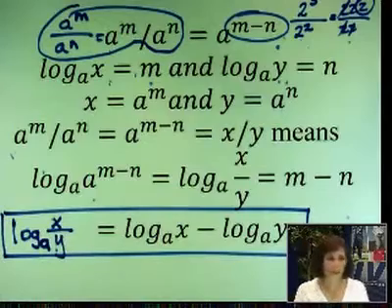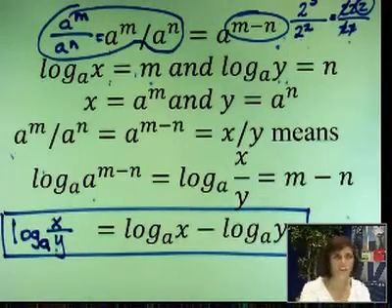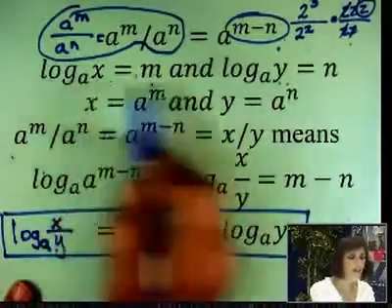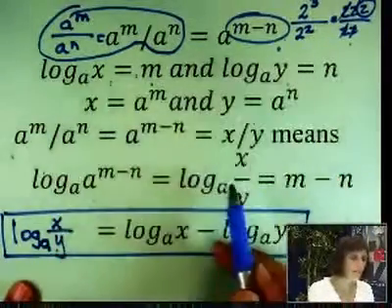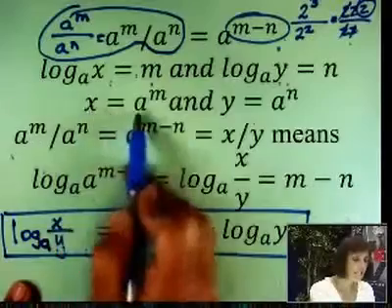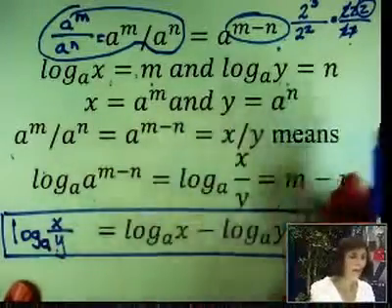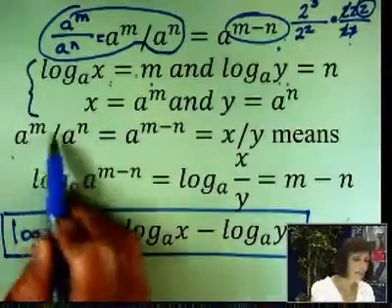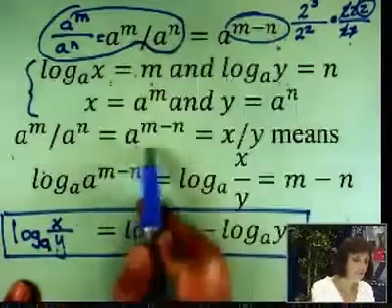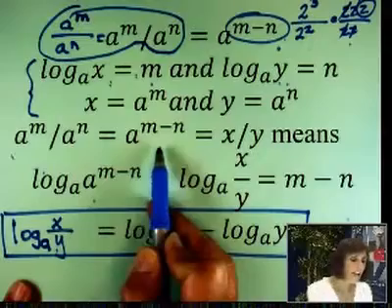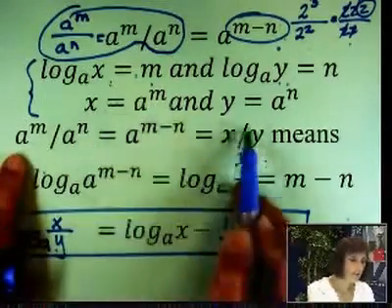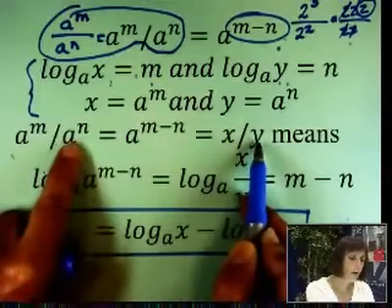So how can I derive this? Doing the little substitution before. Let's set m as log base a of x, n as log base a of y. What does that mean? X equals a to the m, y equals a to the n. All right, these two go together. So let's try to write this, a to the m over a to the n. So I know this is the case, and that is supposed to be a to the m, which is x, divided by a to the n, which is y.